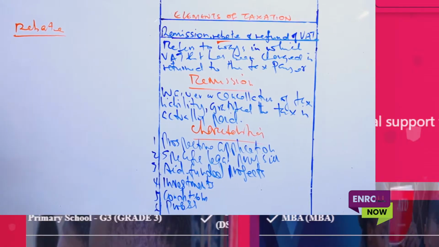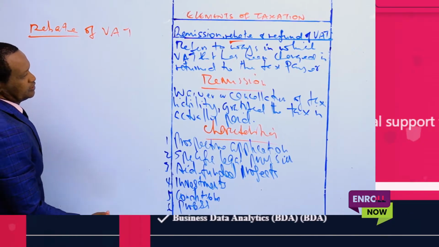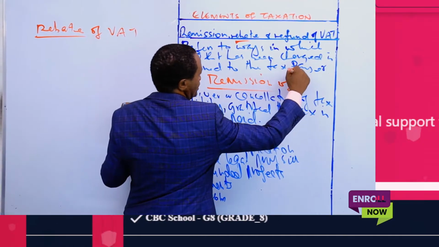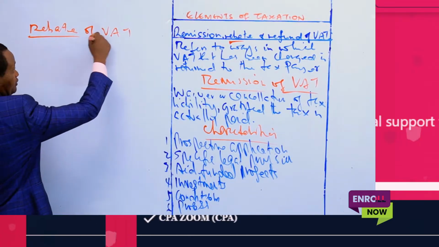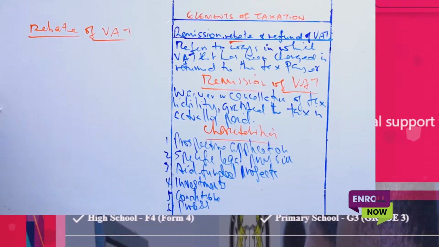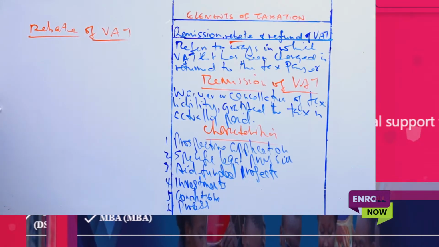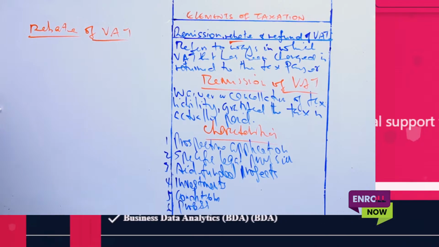Now, rebate of VAT, value added tax. The term rebate in the context of Kenya's VAT is less commonly used as a distinct statutory mechanism compared to remission or refund.